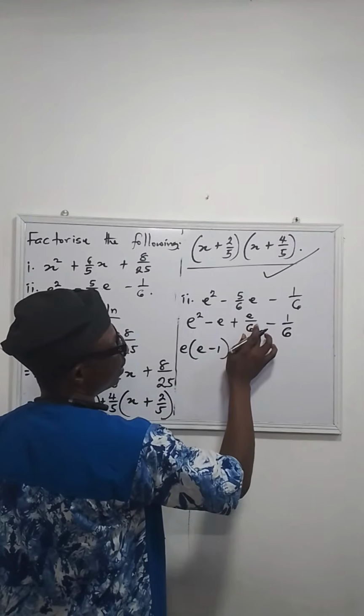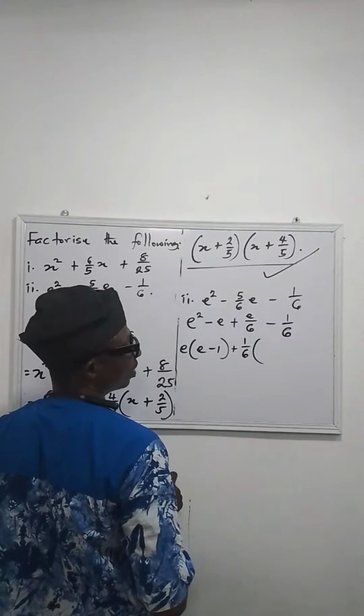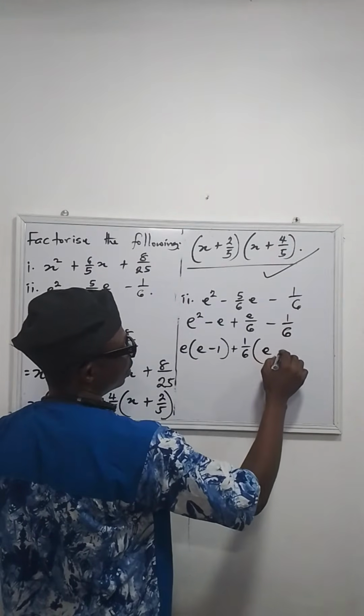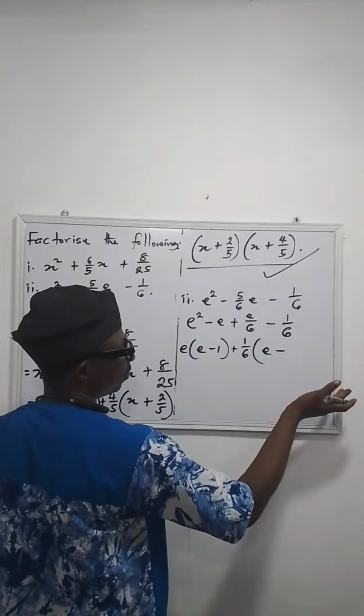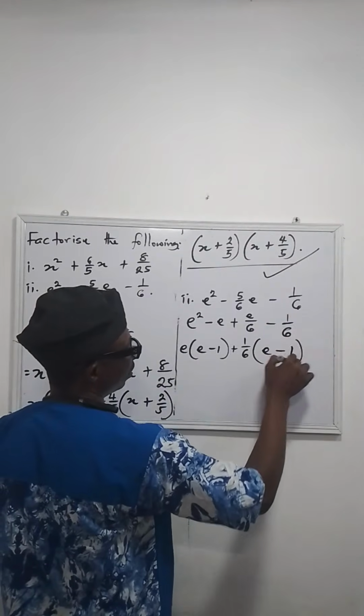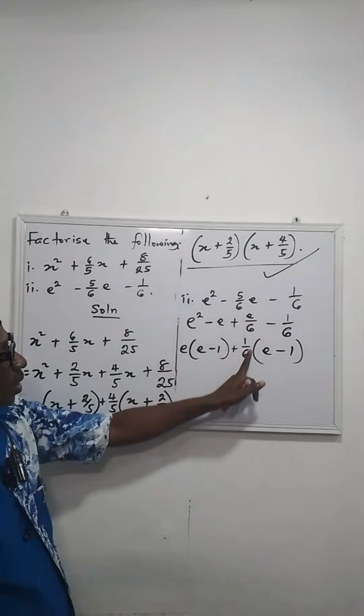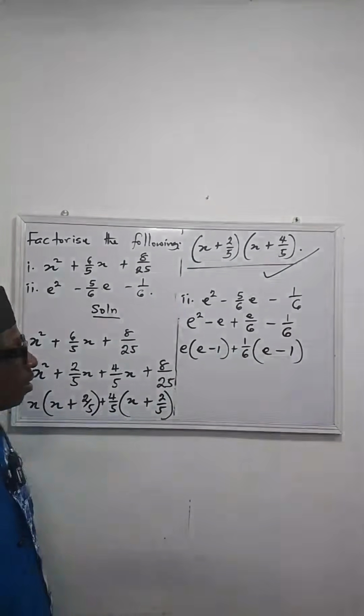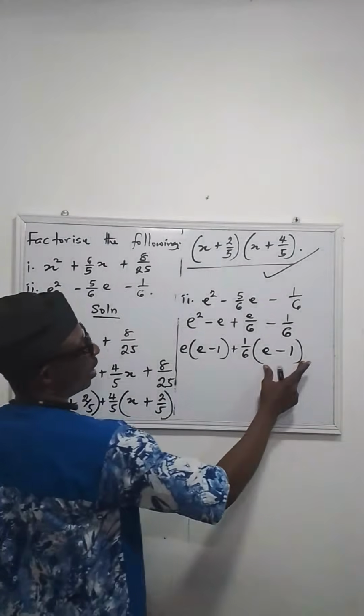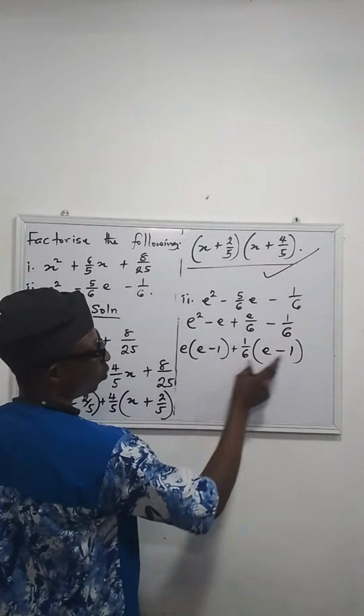When you divide e/6 by 1/6, you are left with e, and dividing 1/6 by 1/6, you have 1. When you open the bracket, you have this back. Now we factor out e minus 1.